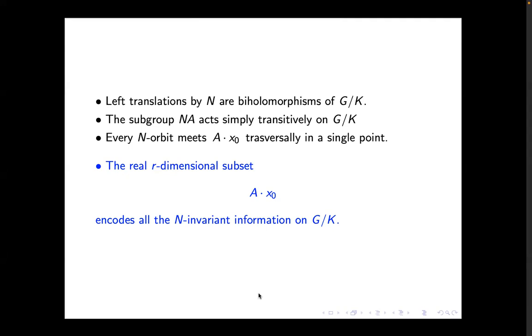This is just a consequence of the Iwasawa decomposition of G. So the conclusion is that the real R-dimensional subset A times x0, the orbit of the base point under this split Cartan subgroup, encodes all the N-invariant information on G mod K.